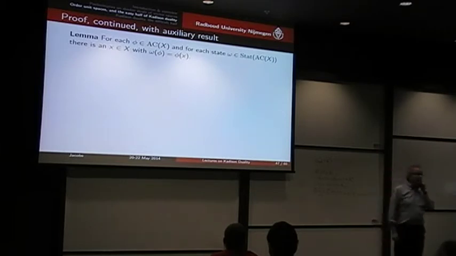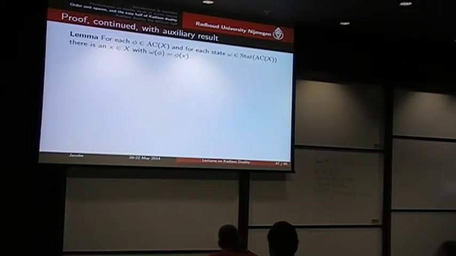And the lemma says that if I have a function phi which is affine continuous from X to the real numbers, and if I have a state omega on this order unit space, then there is an element x such that omega of phi is phi of x.